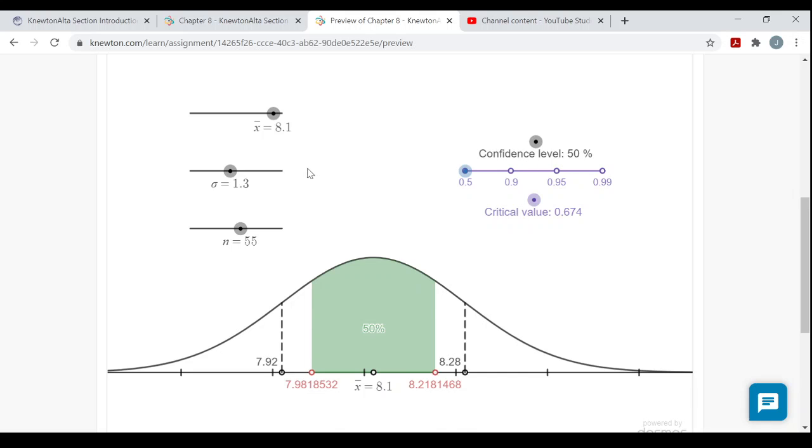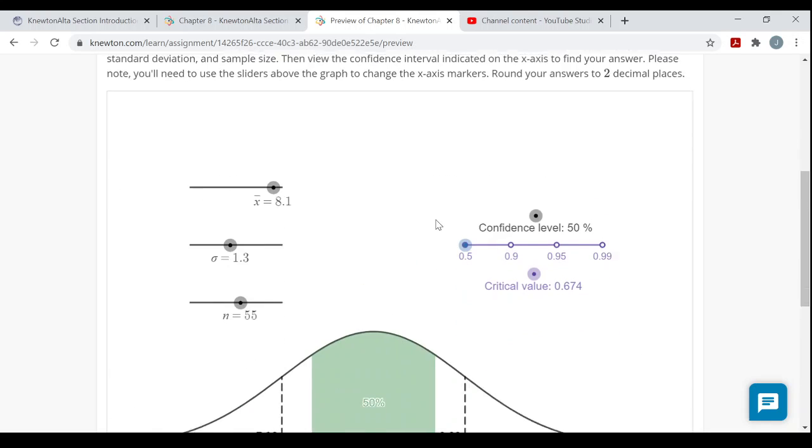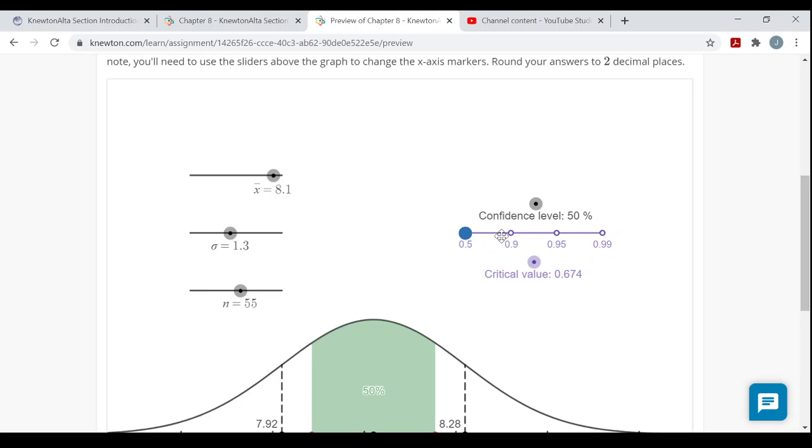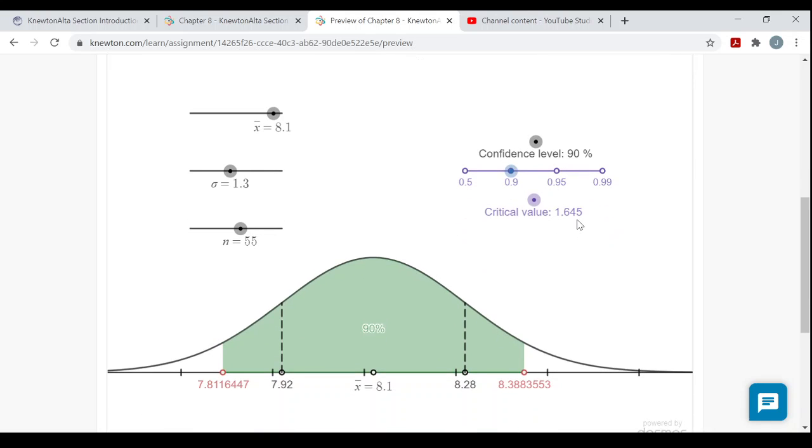And then the confidence level is what kind of confidence interval estimate is being made here, and that was 90%. So I move this dot here to 0.9. And they're giving a critical value. We'll talk about critical values in a later section.